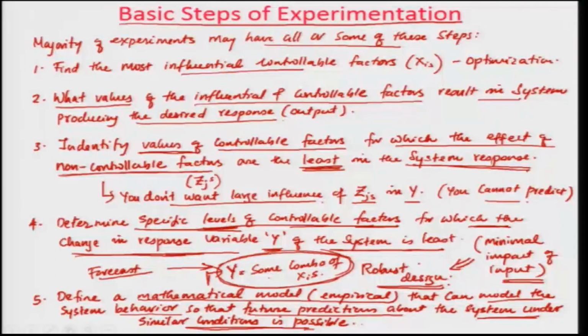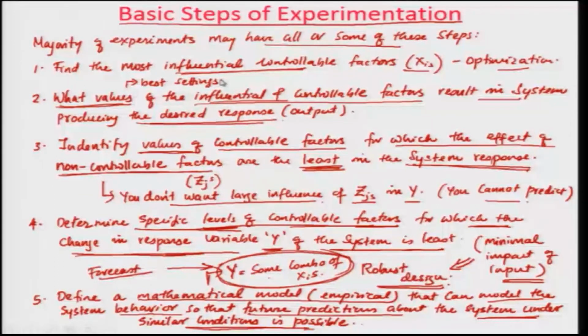So, as I said earlier, just reviewing this, the most influential factors of the exercise we are trying to find out. That is the first thing that we need to do. To a large extent, we told it as optimization also is that. Then we also figured out what values of the influential factors result in the system producing the desired response. Okay, which are the best settings that we are interested in, right.